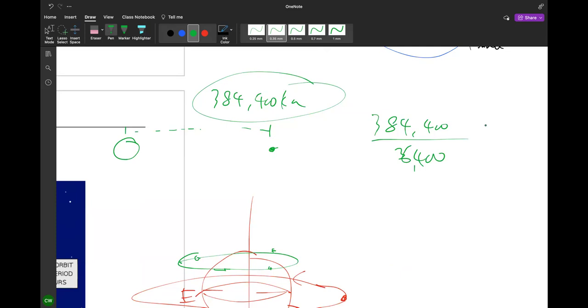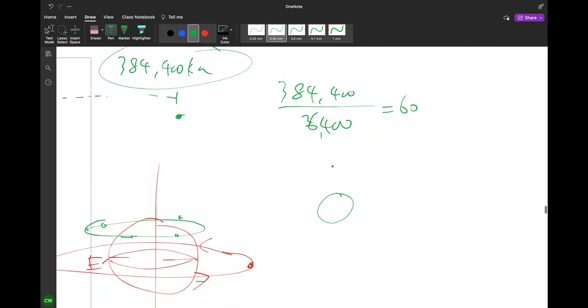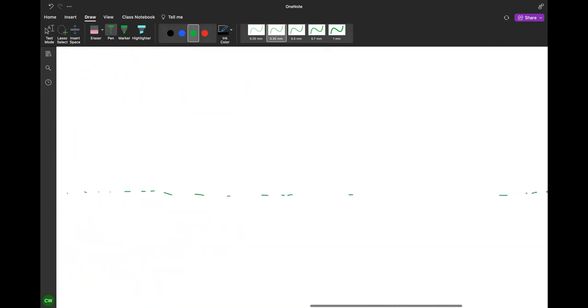So actually the moon is not very near. It's about 60 times the Earth's radius. Very, very far away.